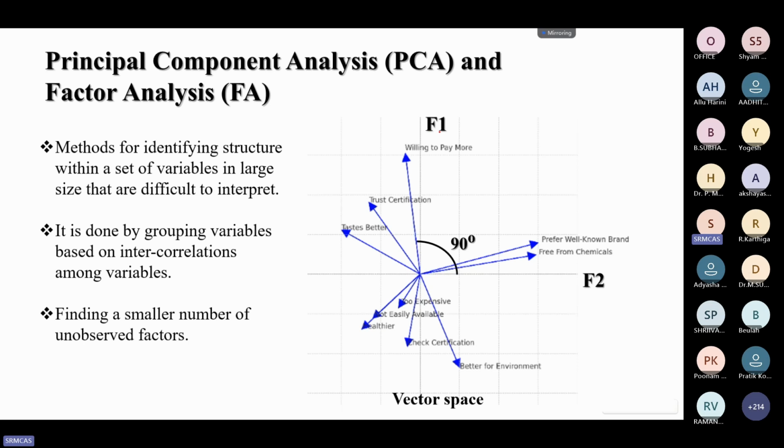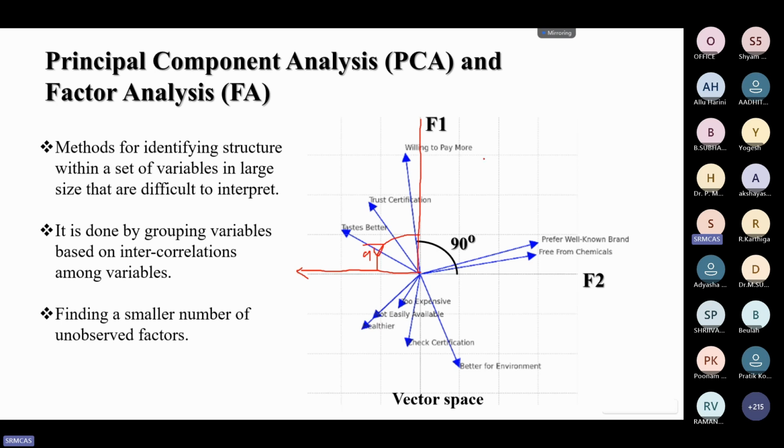If factor 1 and another variable perfectly coincide, then we call it perfectly correlated, that is, one. If factor 1 and some variable are at an angle of 90 degrees, then we can say that this variable and the factor are not related.